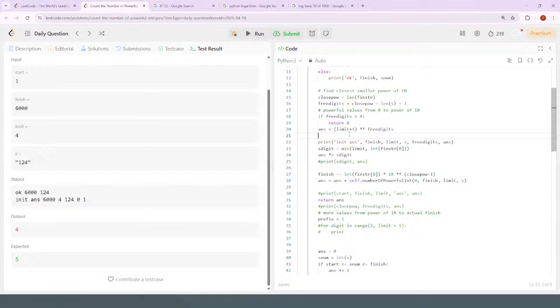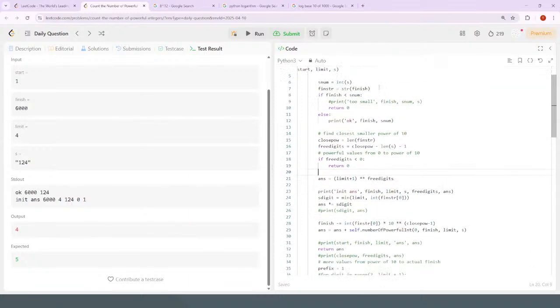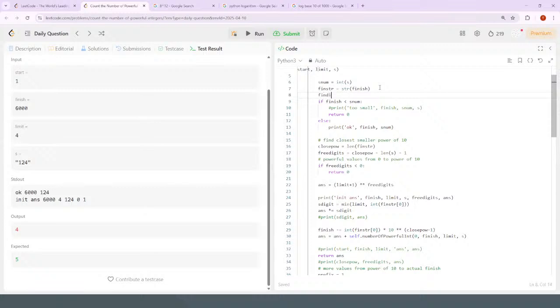So if the limit is smaller than the first digit, let's say finished digit. Finished digit is going to be the integer of fin string at index 0.